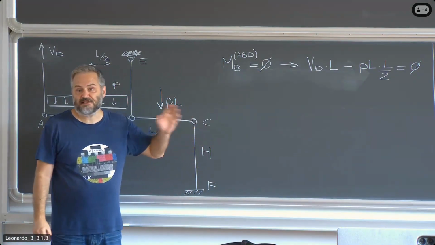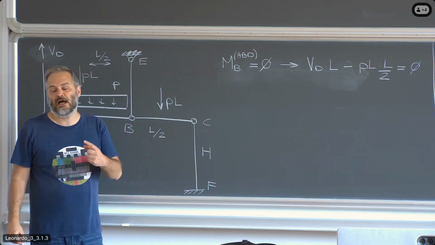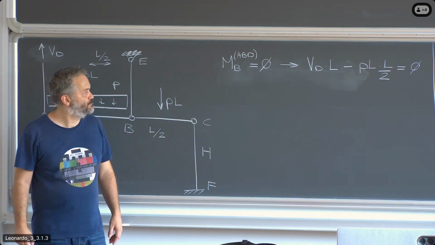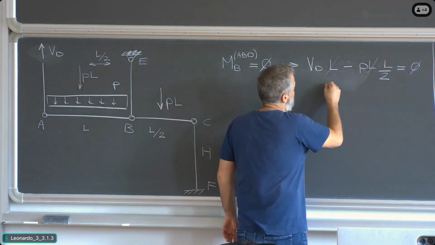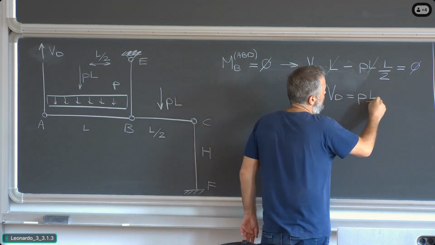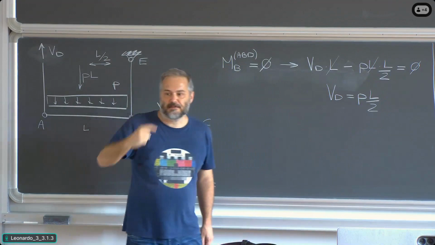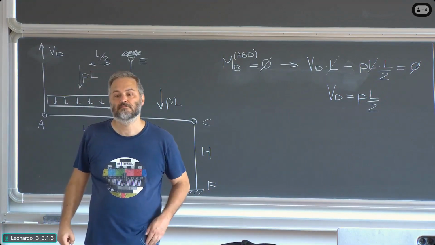As you see, it's a very simple equation. It immediately leads us to determine one of the reaction forces. You can cancel out L here and L here, and we obtain that VD is equal to PL divided by 2. Let me remind you about what was written in the assignment.